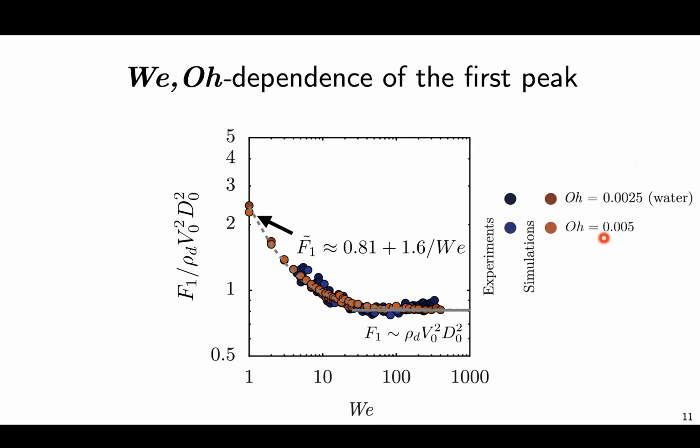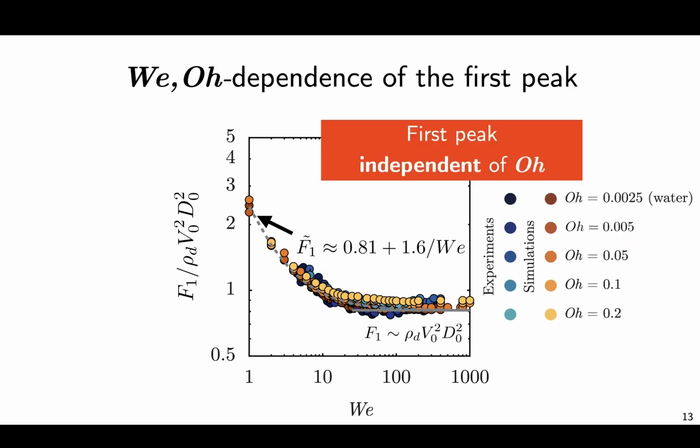For example, here I show you a case where the Ohnesorge number is 2 times more than that of water, and we hardly see a difference between the two plots. The two data points are essentially on top of each other, and the same result is repeated when we increase the Ohnesorge number to roughly 100 times that of water. Even then, the first impact peak hardly changes from its value for water.